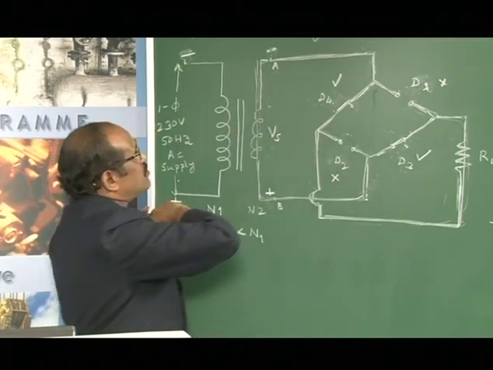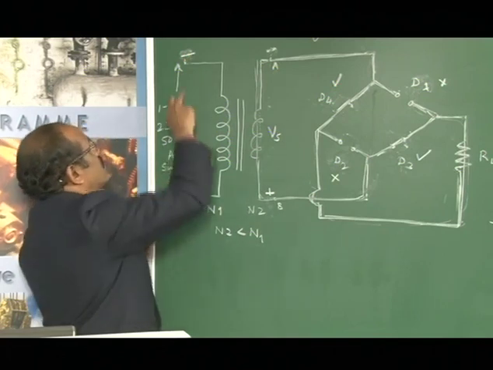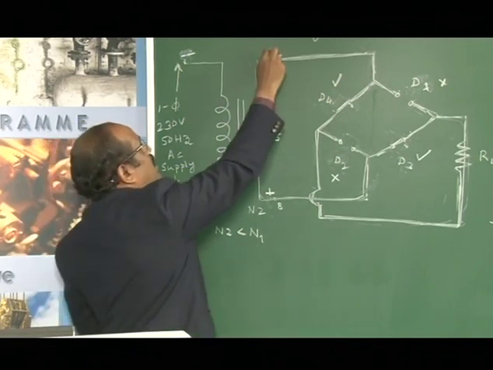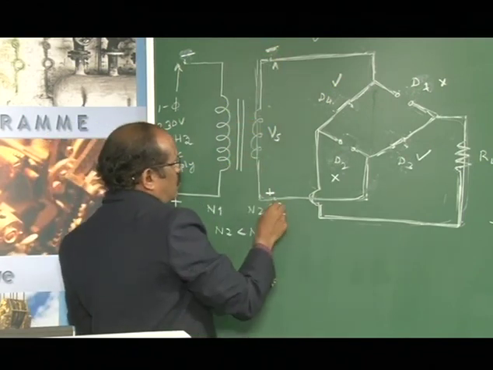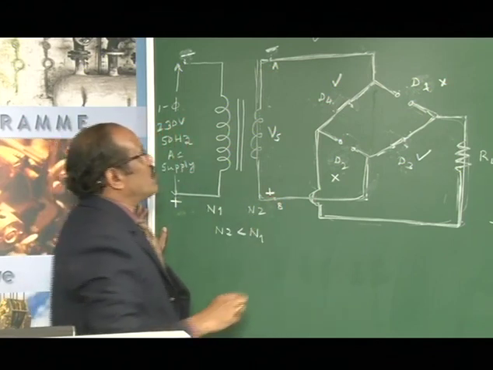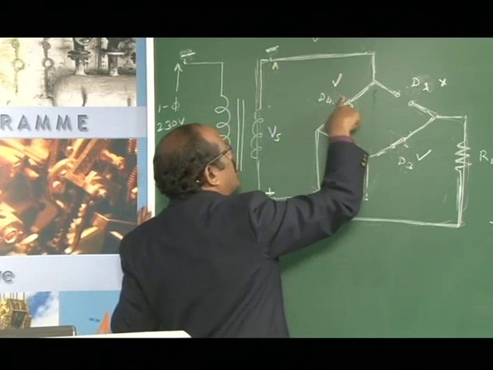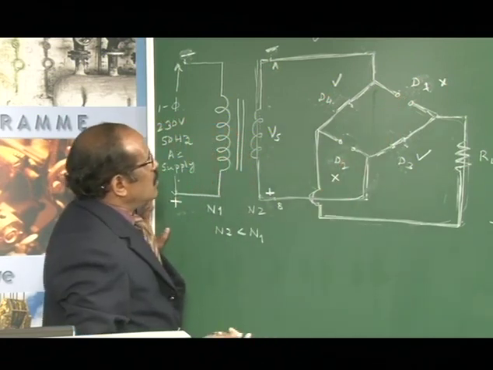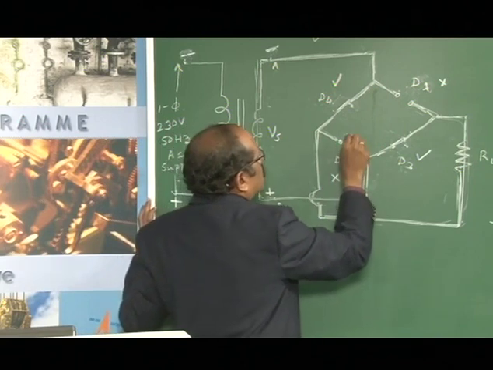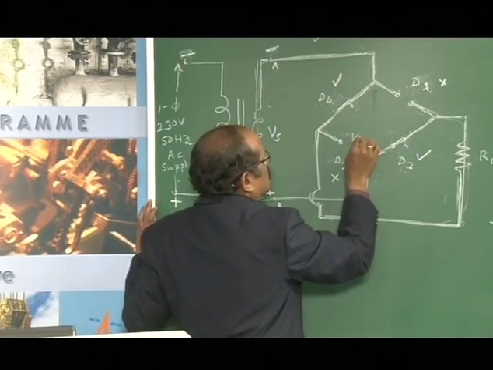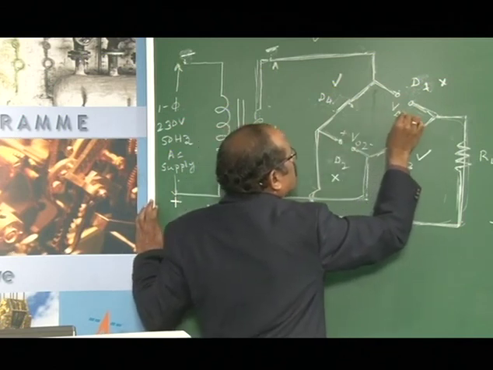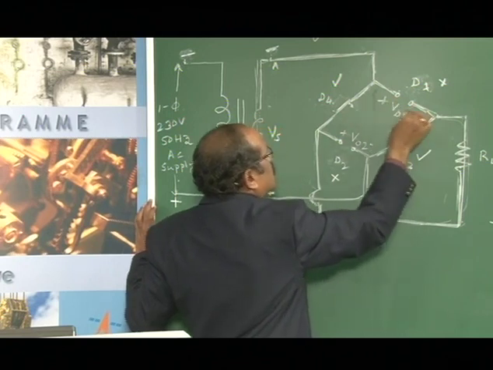Let us assume that during the negative half cycle, terminal A will have a negative potential with reference to terminal B. Therefore diodes D3 and D4 conduct together, whereas diodes D1 and D2 will be reverse biased. Now we need to find the voltage across diode D2 and similarly the voltage across diode D1.